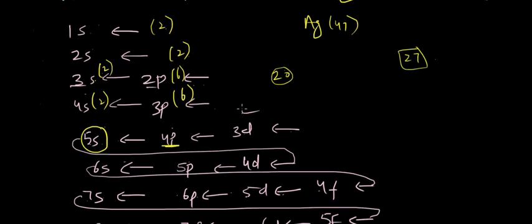Then again 10 will be filled here, 17 are remaining. Then 6 are filled here, 11 more remaining. 2 are filled here, 9 more remaining. So now 9 will go into 4d.